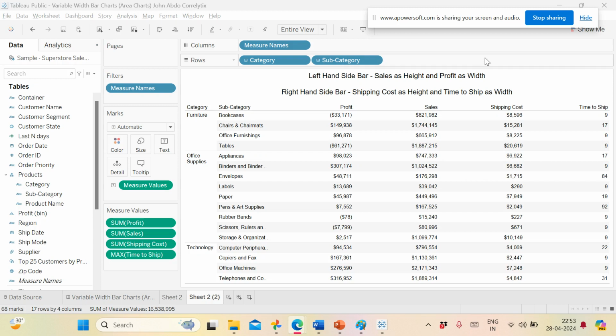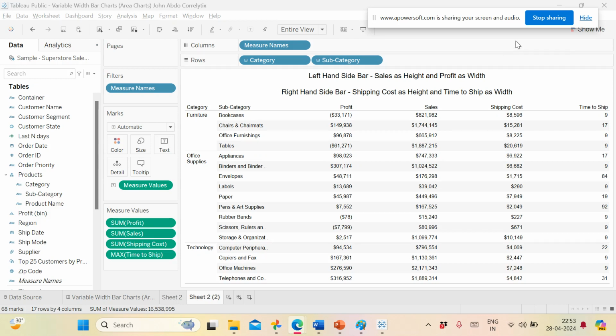And we will show two other measures: shipping cost as the height of the chart and time to ship as the width of the chart. What is the best fit that we can display here?